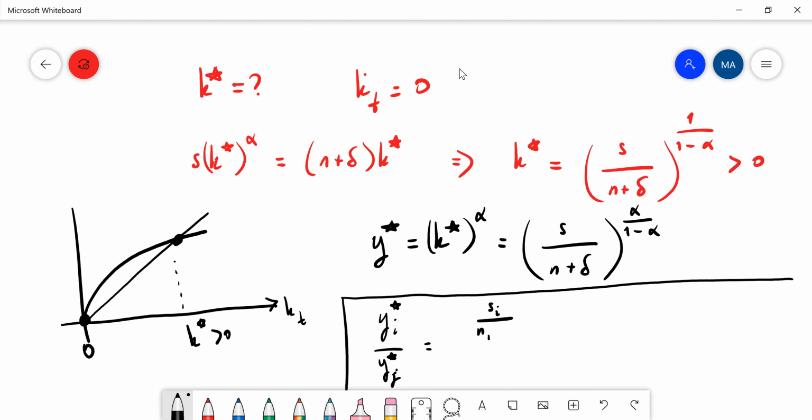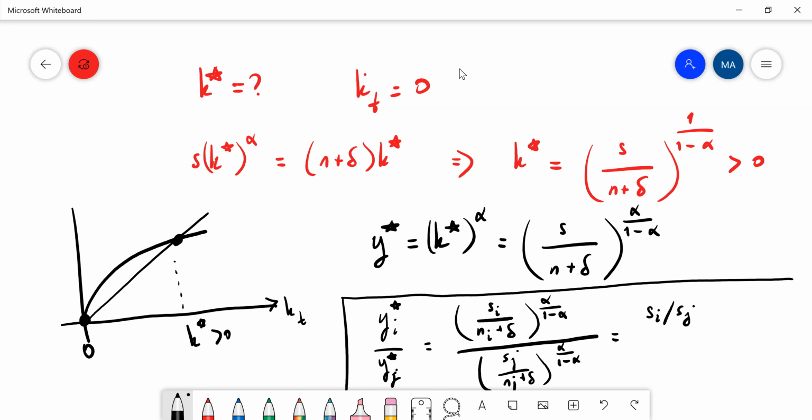So if population growth rates in the long run are different, you have s_i divided by s_j, times n_i plus delta divided by n_j plus delta, and this whole thing raised to the power of alpha over 1 minus alpha.